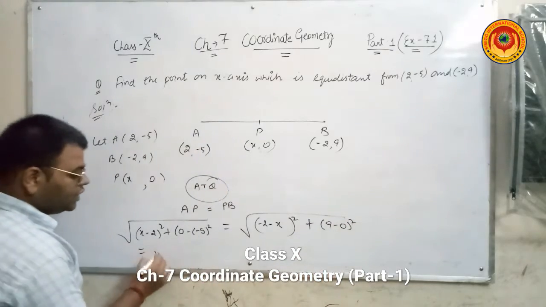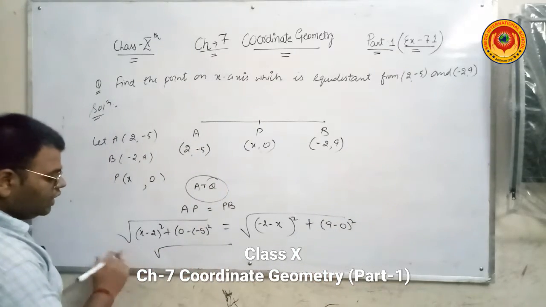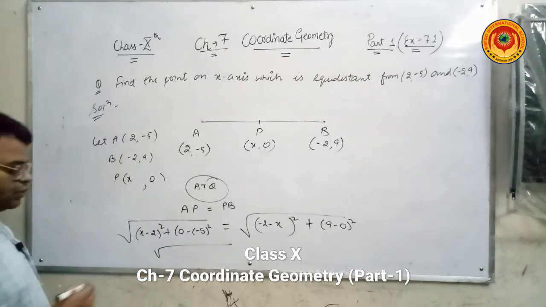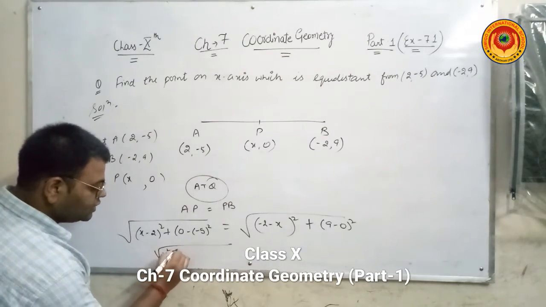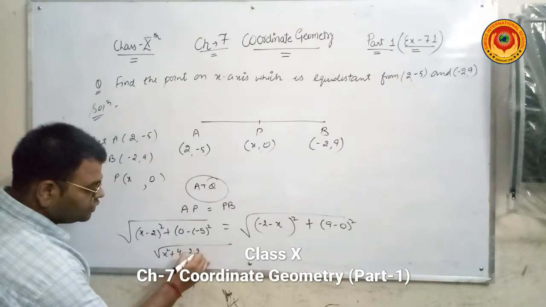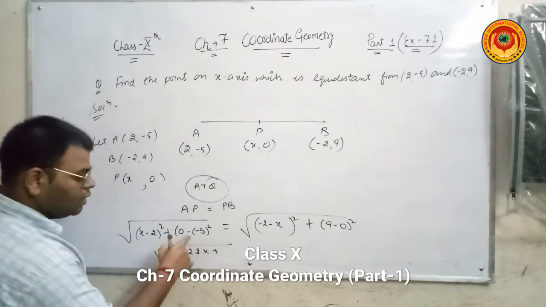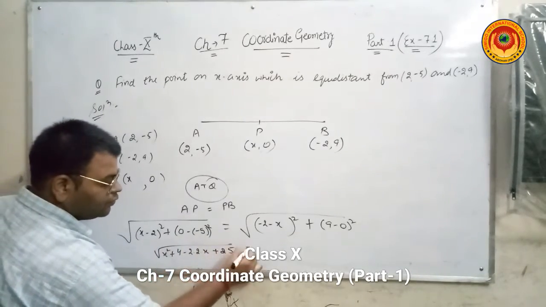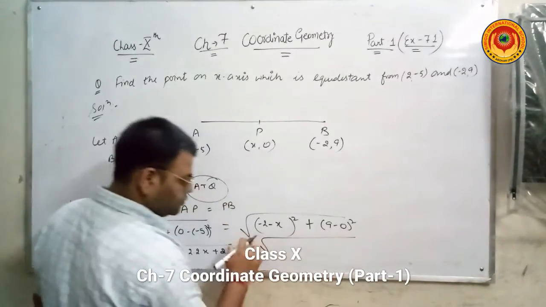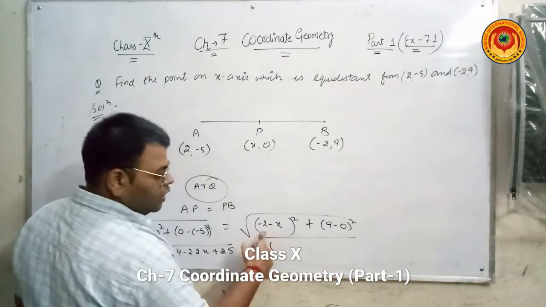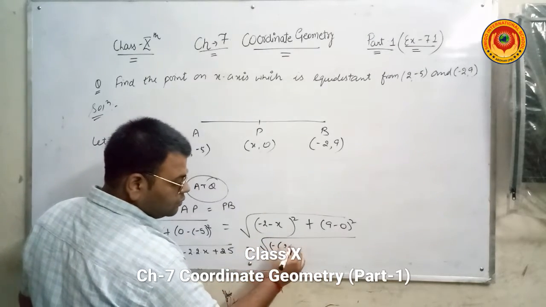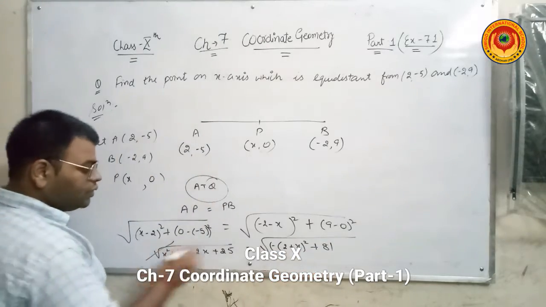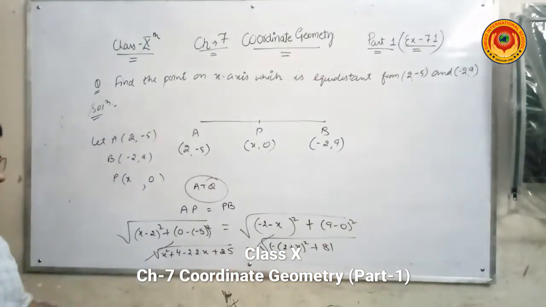Now use identities. A minus B whole square, A square plus B square minus 2AB. So what it becomes? A square plus B square minus 2AB. Yes, minus minus plus, 5 square is 25. Minus sign take as common. 9 square is 81. Square root cancels with square root, or you can write squaring on both sides.